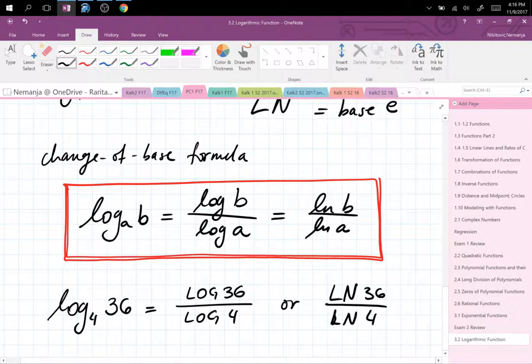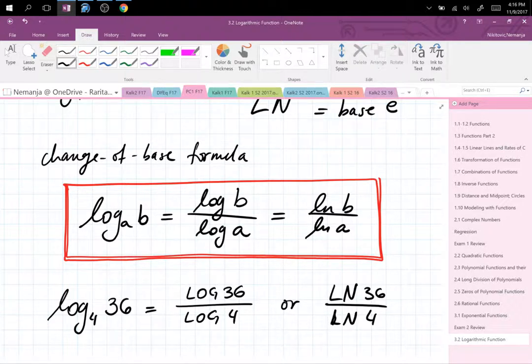Do not mix log and ln. So it's either all log or all ln. And make sure you close the parenthesis after you type in 36. Otherwise, severe mistakes occur. So use your calculators. And if you are using intermediate steps, if you can't punch everything in at once, keep at least 4 decimals, rounded properly.